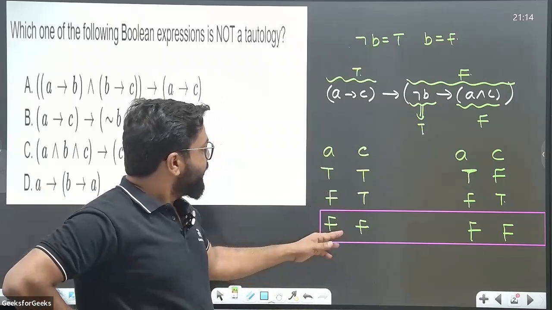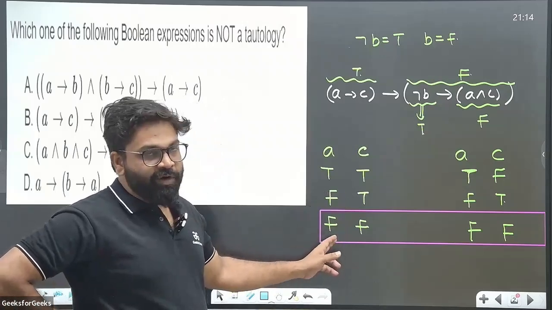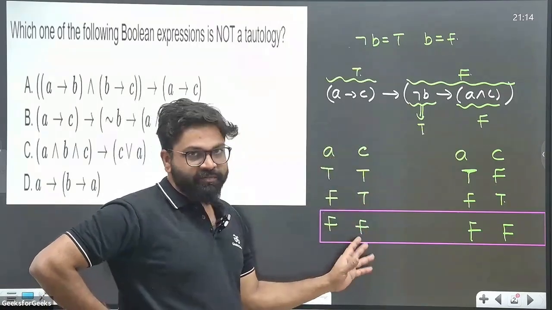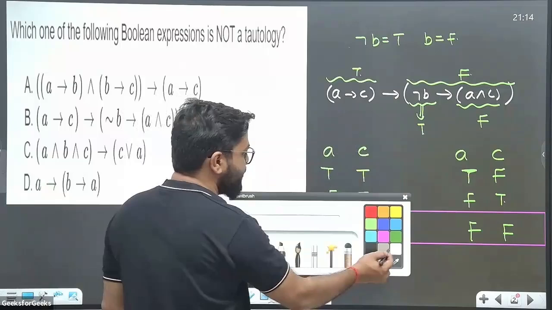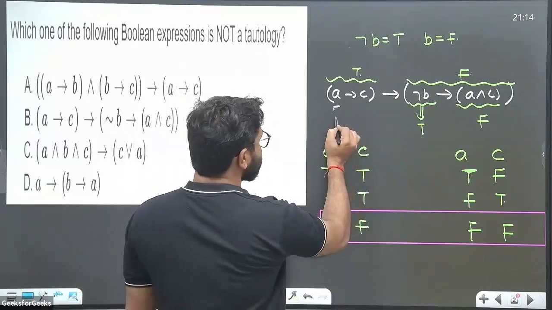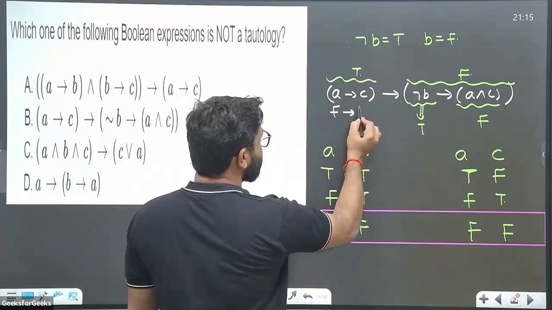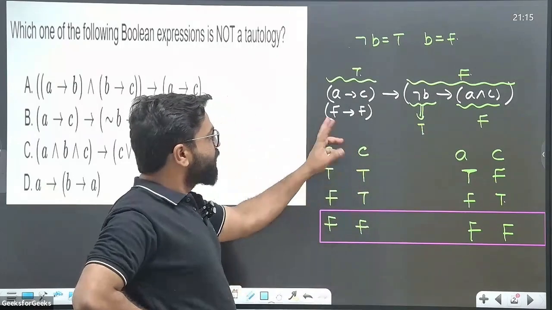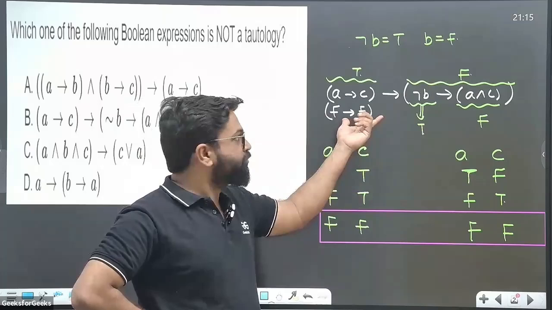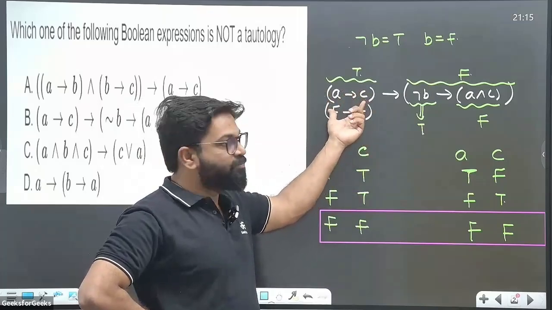So, for example, if I put the value of A as false and the value of C as false, then the left side will become true, right? As everybody can see, if you put the value of A as false, it will become false. If you put the value of C as false, it will also become false. So false implies false, you will get this as true. That means this thing will become true.